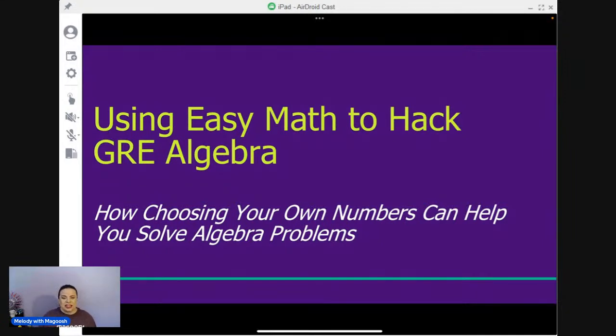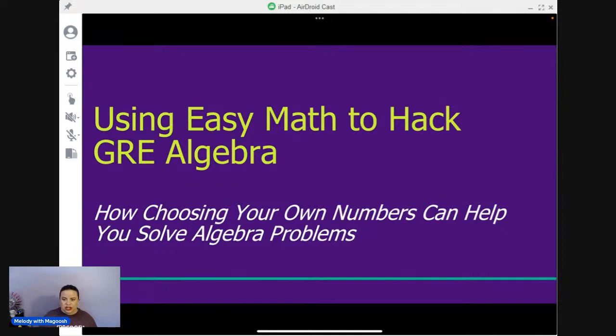Today, we're going to talk about some advice, and we're going to do some practice that will help you to make algebra problems on the GRE a lot more approachable if you're someone who struggles with algebra or tends to make mistakes. Even if you're not, this strategy can be really helpful in giving you the opportunity to be accurate and quick on a lot of different problems.